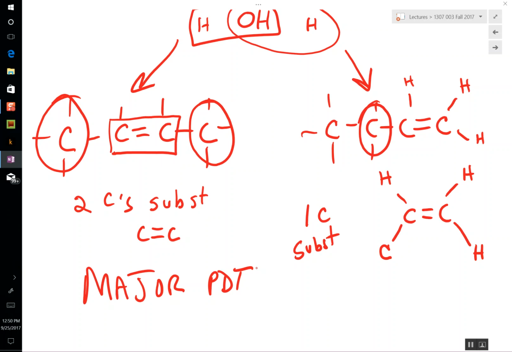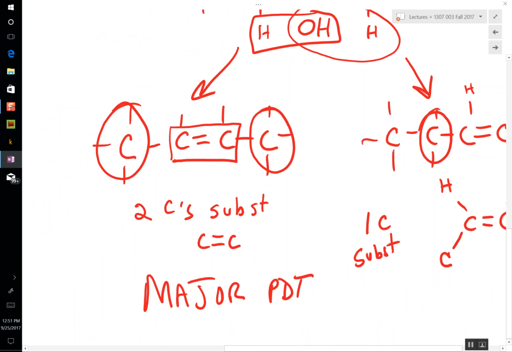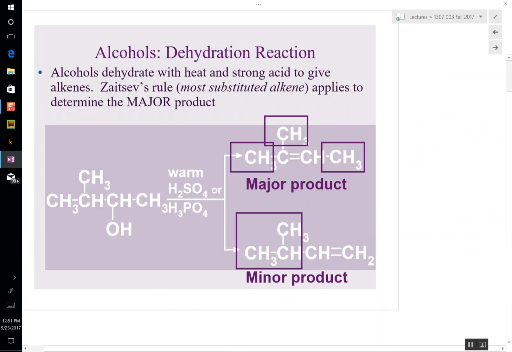And so if you were asked for the major product, this would be the major product. 2-butanol is going to form 2-butene. All right. Here you see Zaitsev's rule, the more substituted alkene. Zaitsev's rule applies to determine the major product.